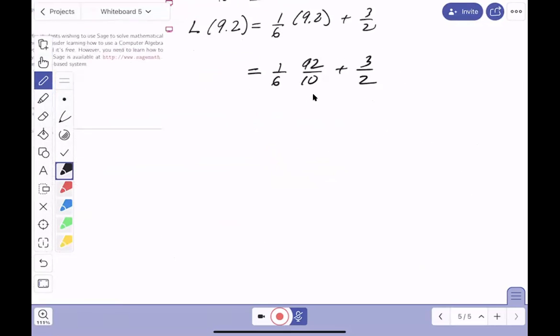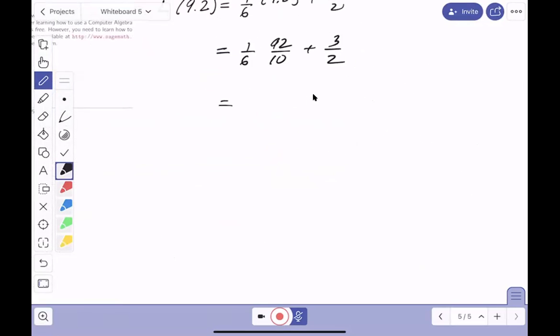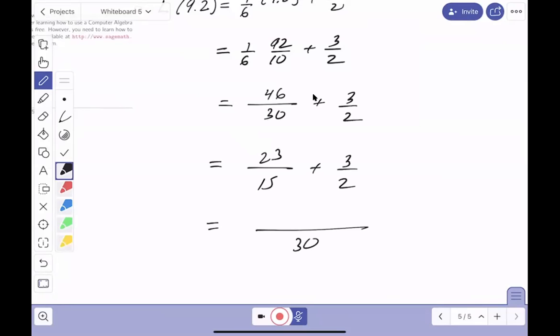Yeah, it's crazy. I realize this. I can't do arithmetic. You've got to learn. So let's take a look at that. I'm going to divide through by 2: 46 over, if I divide by 2, that'd be 30, right? Plus 3 halves. I'm going to divide by 2 again. That's 23/15 plus 3 over 2. The common denominator would be 30, right?